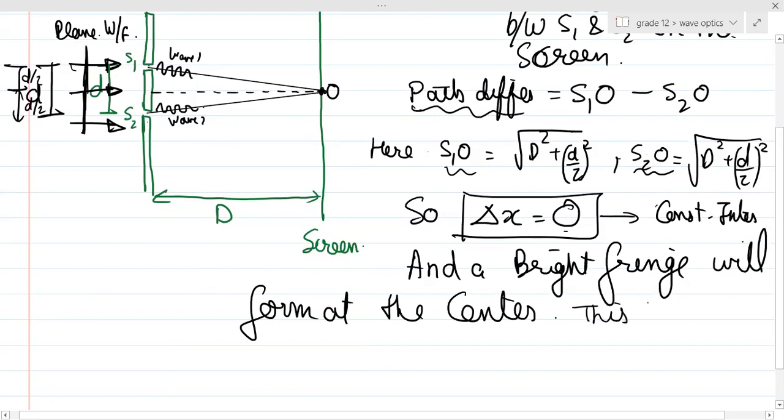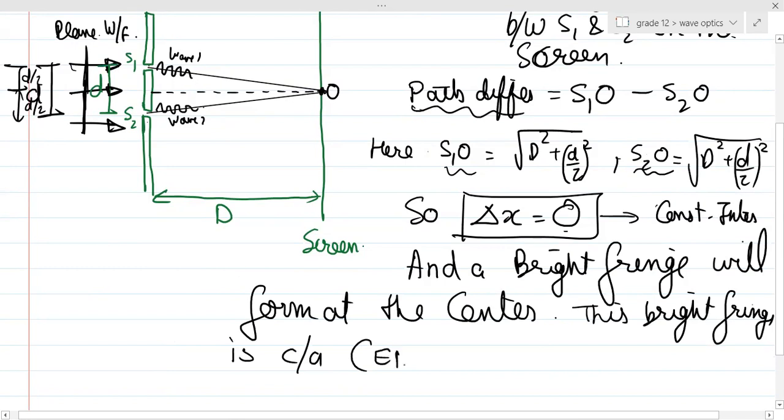This bright fringe is called the central bright or central maxima. Is it clear? Central bright or central maxima. This is what it is called. Any doubt in this part?